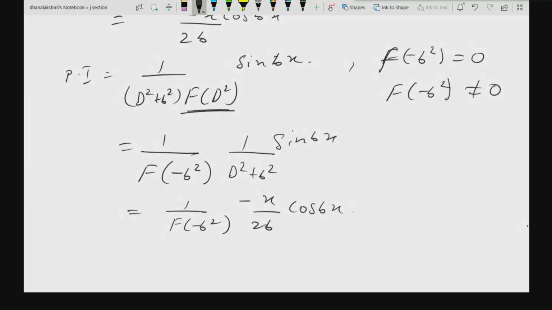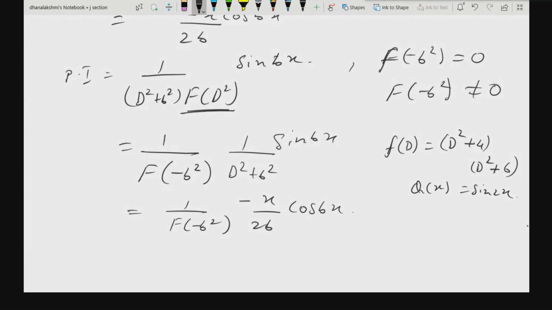Suppose, let me explain this by taking an example. Suppose my f of d is something like d square plus 4 into d square plus 6, and my function Q of x is sine 2x.